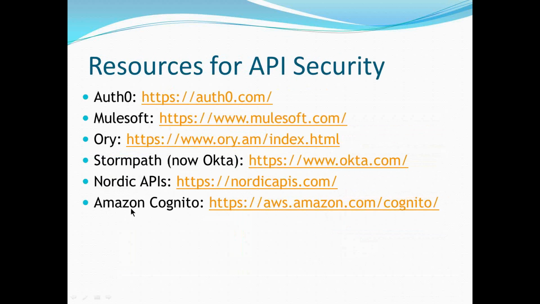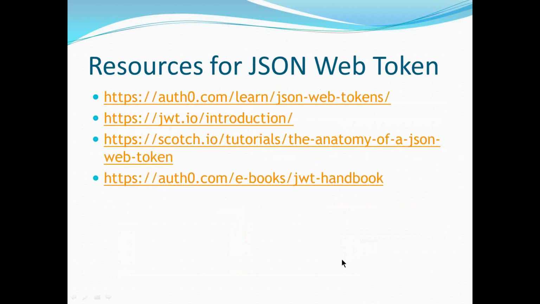So within Amazon services you have this single sign-on, this OAuth-like authorization thing with this product. Of course, Auth0 also has good resources on API security. For JSON Web Token, these are some of the things.